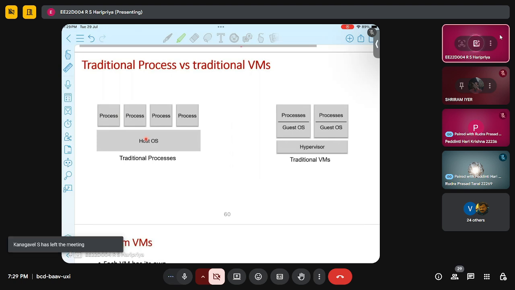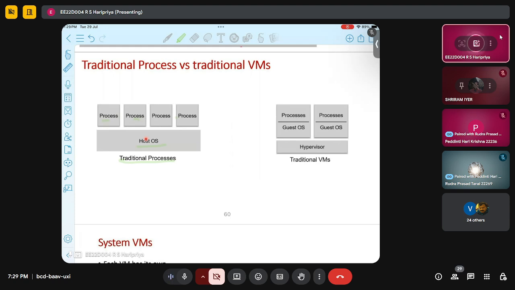Now this is host OS and hypervisor. We have a traditional process. Let us say the hardware, the host OS, and similarly some processes running on top of that.